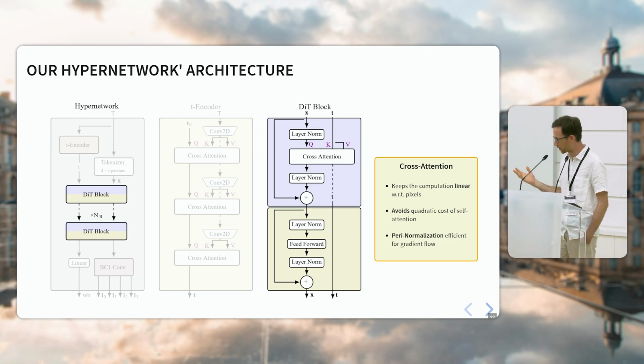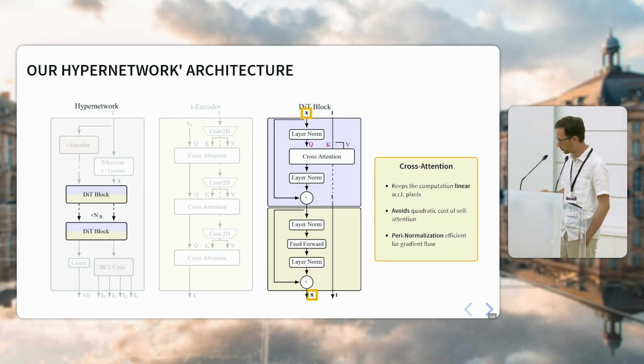To keep the computation linear, we use cross-attention, so we have something that will scale, and we avoid the quadratic cost of self-attention. Something to notice here is that I'm using peri-normalization, which is basically doing layer normalization sandwiched between the different elements, and that is very efficient for the gradient flow.